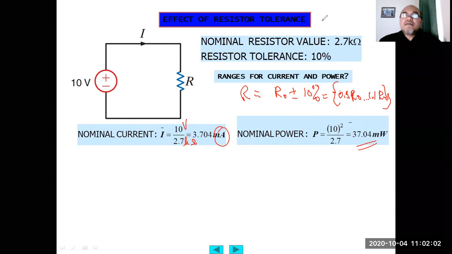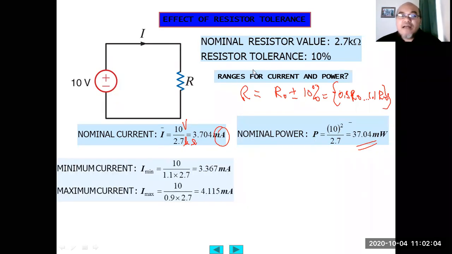Okay, so then coming to the other question, what will be the ranges of the current? Since we know already that the resistor range value is from 0.9 R0 to 1.1 R0, the minimum current will be when the resistor is the highest, because the resistor is in the denominator.